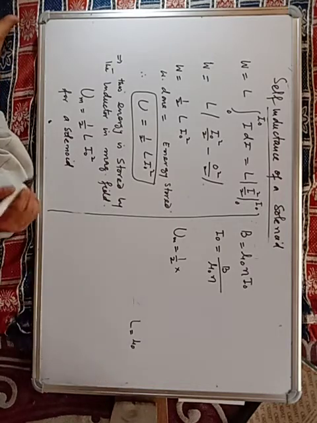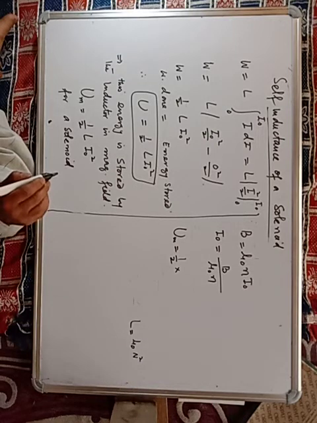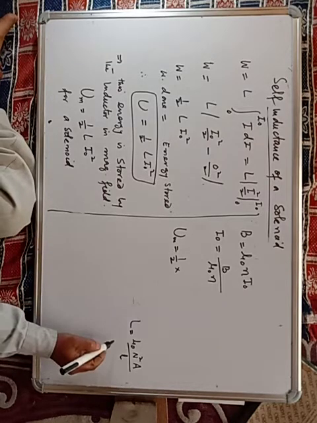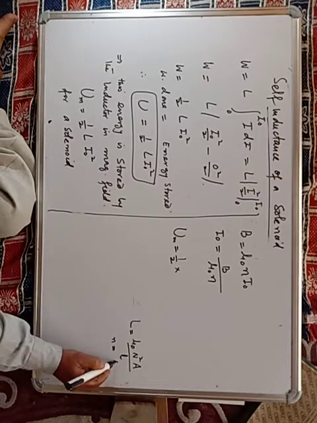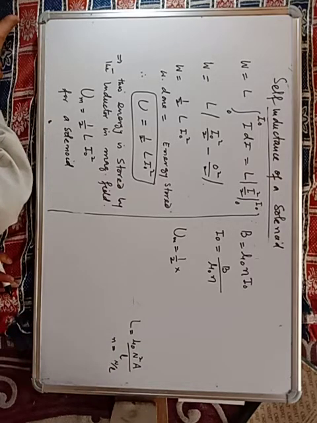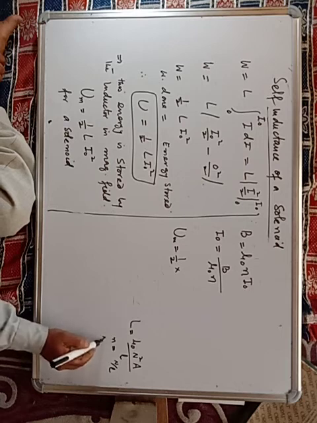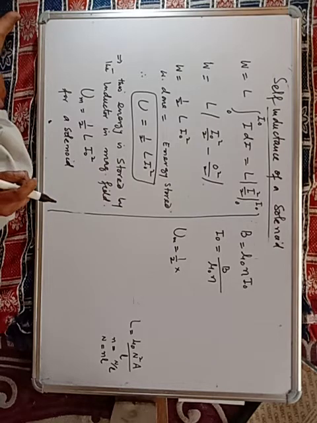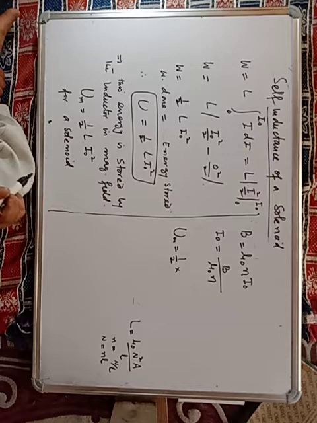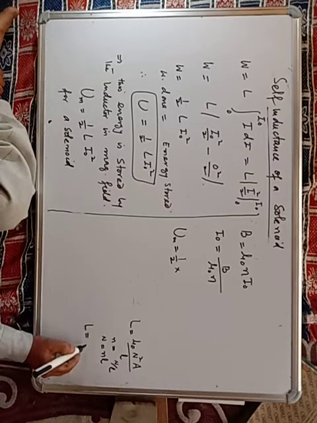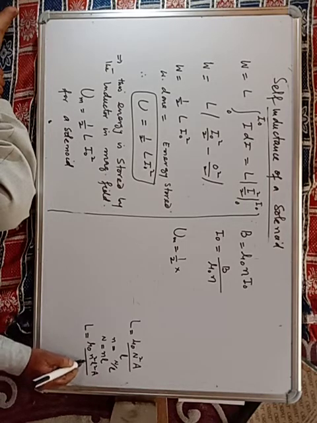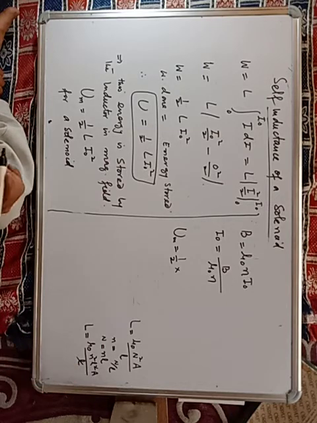It is mu naught, it is N square, it is A divided by L, right? तो आपका स्मॉल n होता है कैपिटल N डिवाइडेड बाय L, और we can write here capital N is equal to nL. तो आप ध्यान दीजिए, यही आपका L होगा यहाँ पे म्यू नॉट, ये N square L square A divided by L. एक L हमारा कैंसल हो जाएगा.